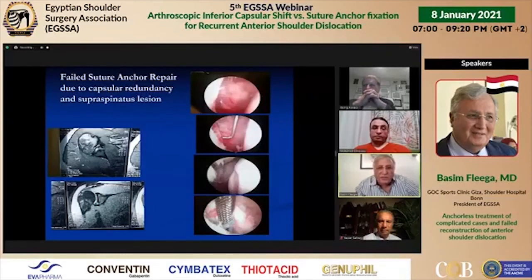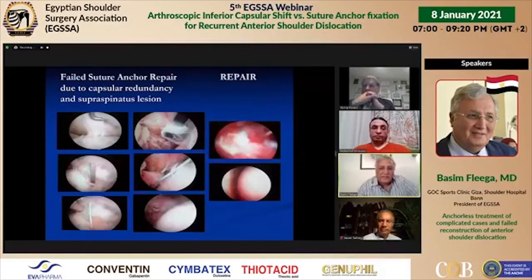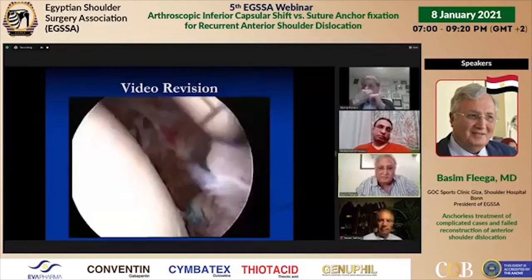And this is also a case with recurrence due to capsular redundancy and supraspinatus lesion, which was not treated. And this caused damage also to the head. It was repaired by repairing the supraspinatus, suturing transosseously, and then making an inferior capsular shift.